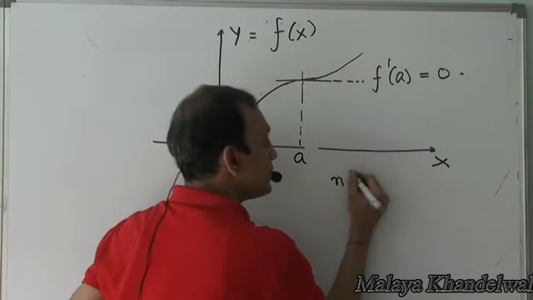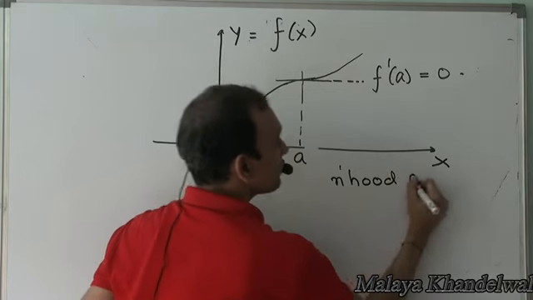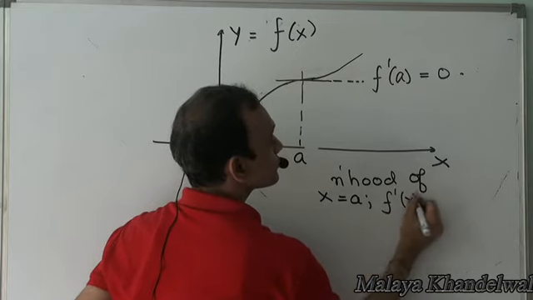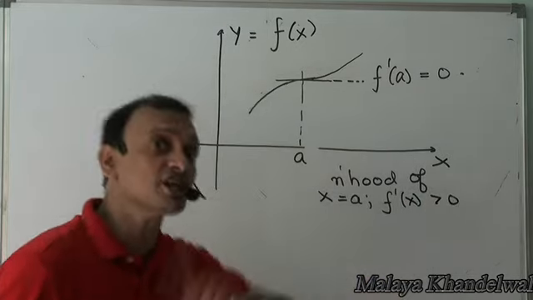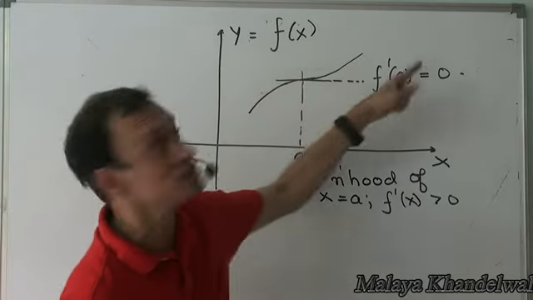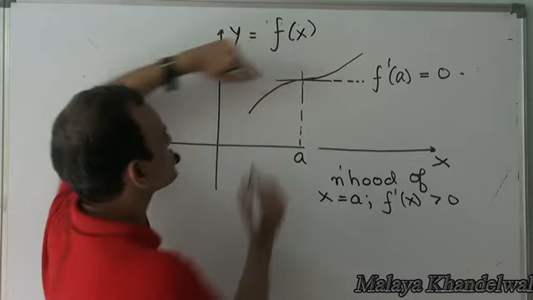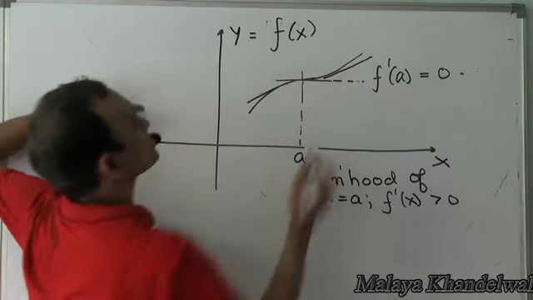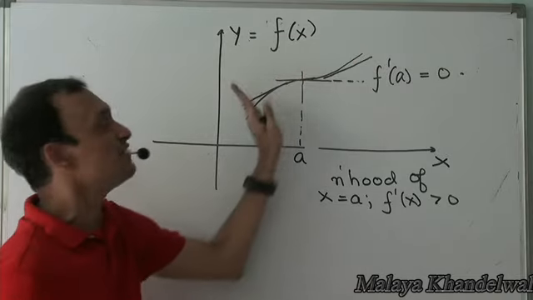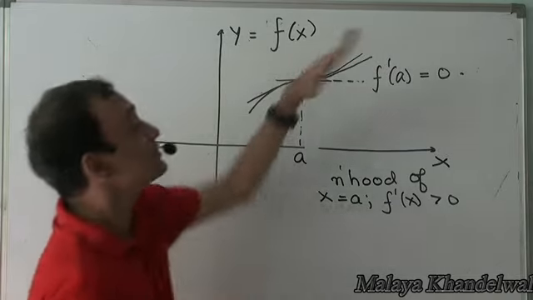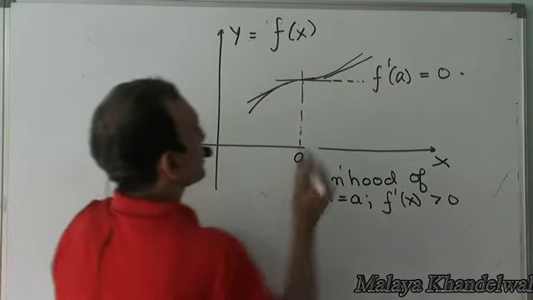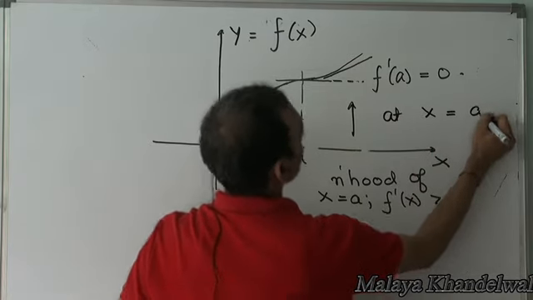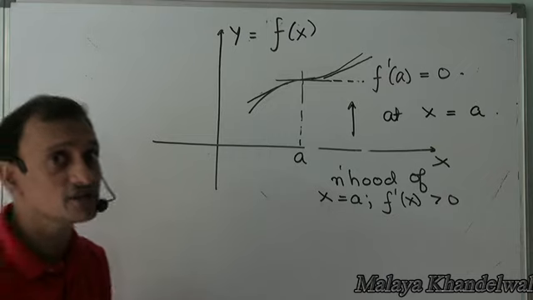Do you find that in the neighborhood of x equal to a, f dash x is positive? At x equal to a, f dash x becomes 0, but in the neighborhood of a, f dash x is positive. To the immediate left of a, f dash x is positive, as you can see. To the immediate right of x equal to a, f dash x is positive. The tangents make acute angles to the left and right of a. Then we find that the function is still increasing at x equal to a. Right? Yes or no?